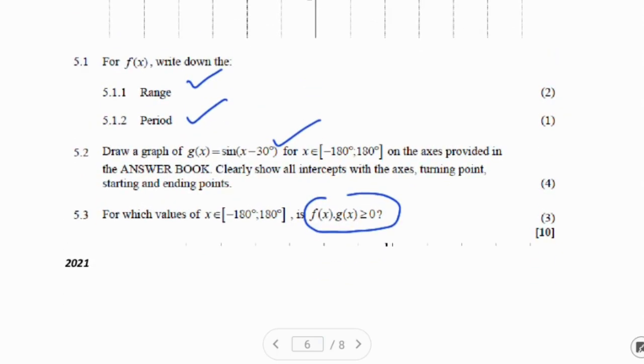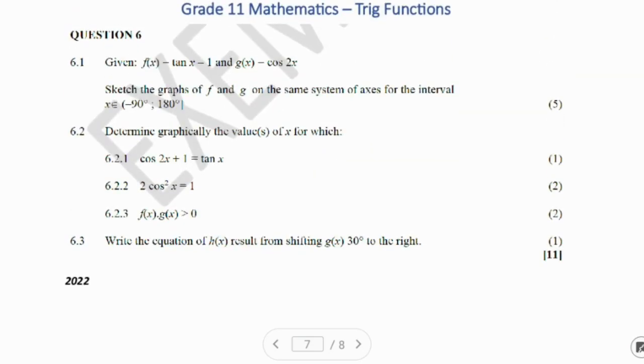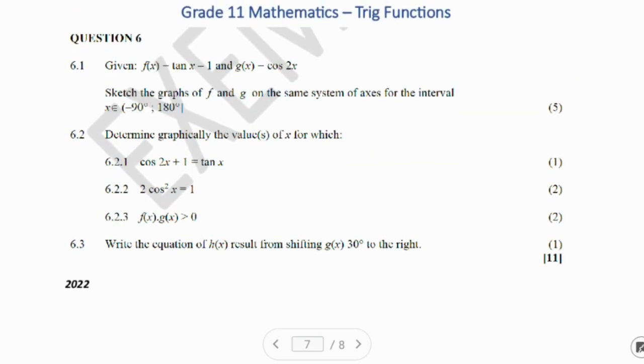Let's see if we have another question. Okay, so it's a common question. Here you're given the tangent and the cos. You need to sketch both of them on the same set of axes for 5 marks again.